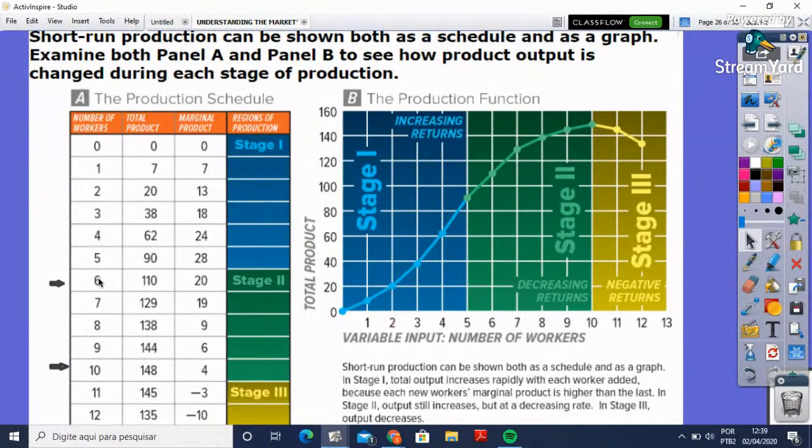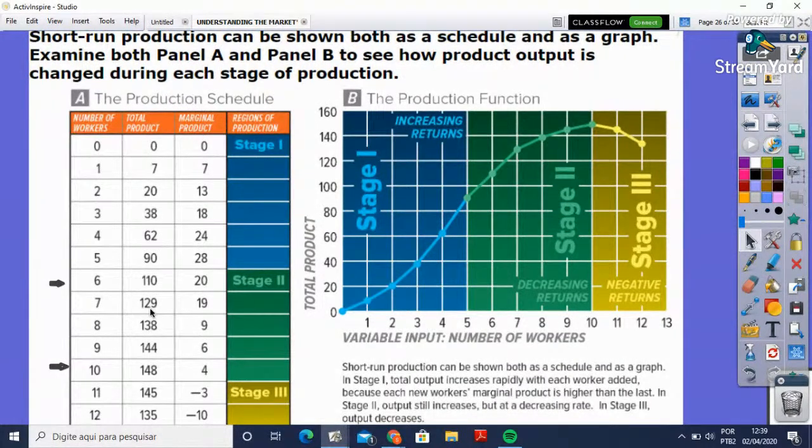If you notice on number 6, the total product is going up. Therefore, my marginal product is going down, which means I'm starting to spend more on employees and producing less. Actually, I'm producing more, but my total output is not so good. I'm going down. This stage is decreasing returns.